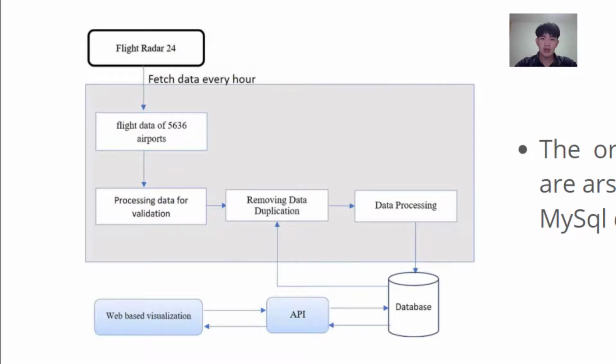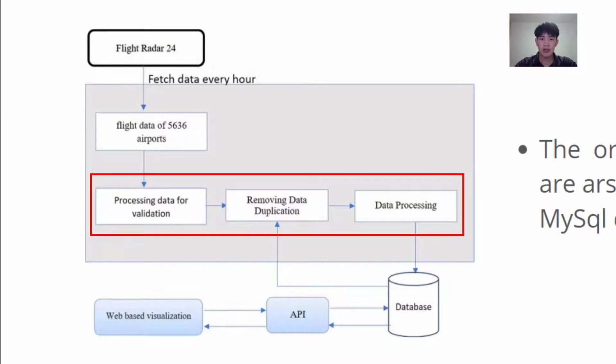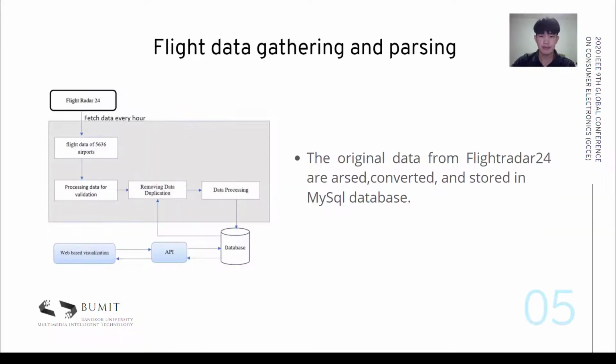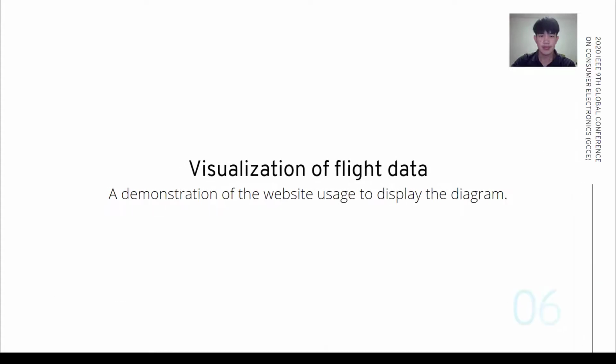To get the most up-to-date information, new data was received and stored in the database every hour, while the original data from Flight Radar 24 was parsed, converted, and stored in the database. MySQL was used to call geography information from the country boundaries.